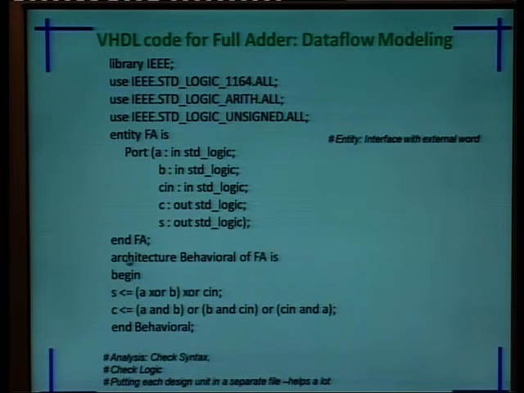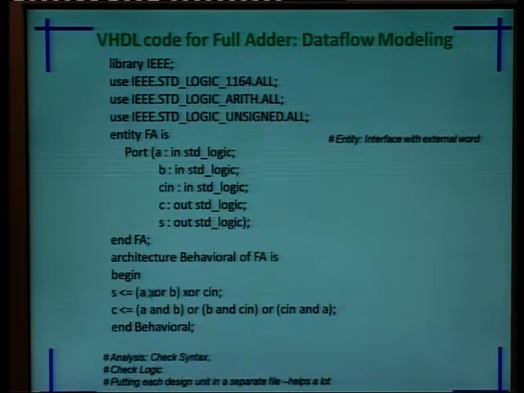So the next step is to write the architecture behavior of the full adder. This is the interface for input and output, and this architecture is the main body of our design. Whatever function, whatever task we have to perform from our combinational circuit, we have to write here.